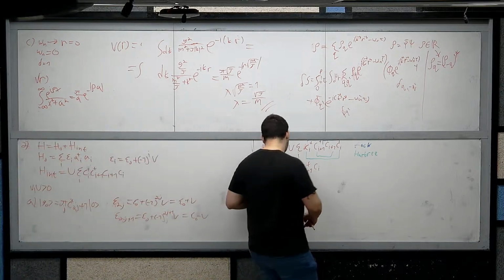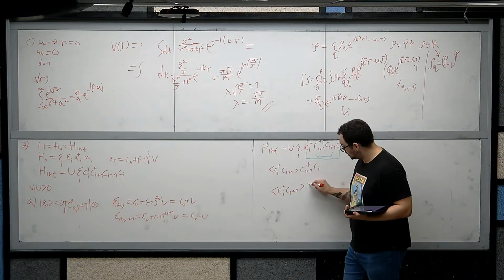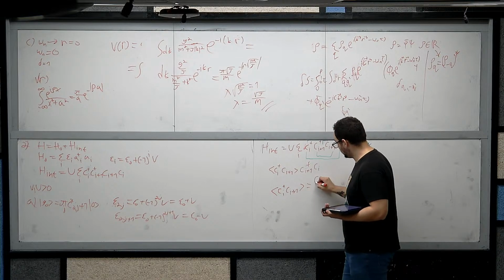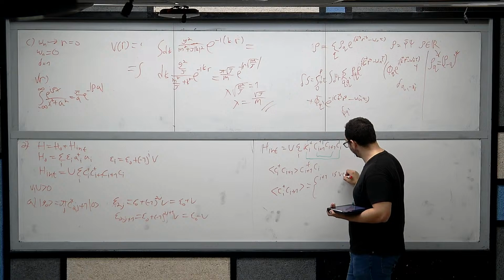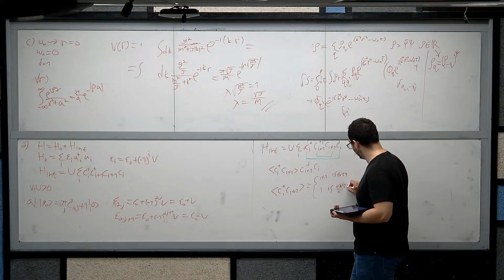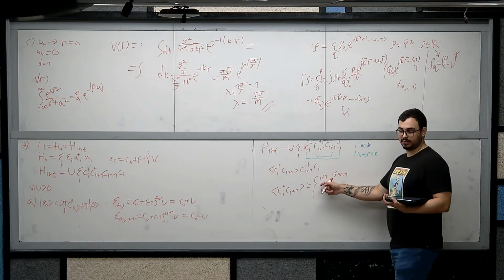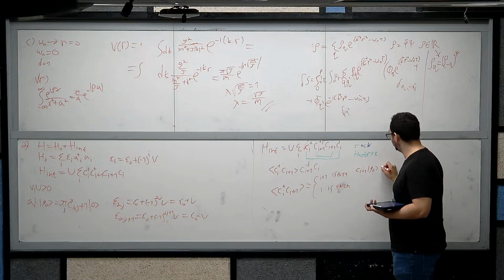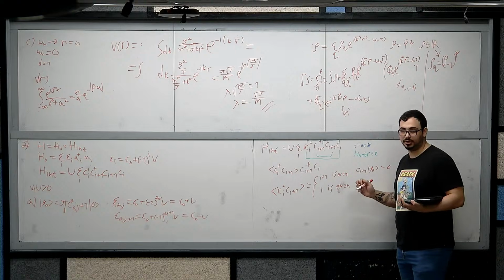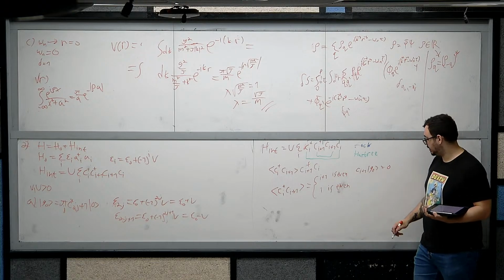So notice here that either I plus 1 is even, or I is even. So there are two possibilities. If I plus 1 is even, Ci plus 1 is equal to 0, because we have no electron in the even terms.